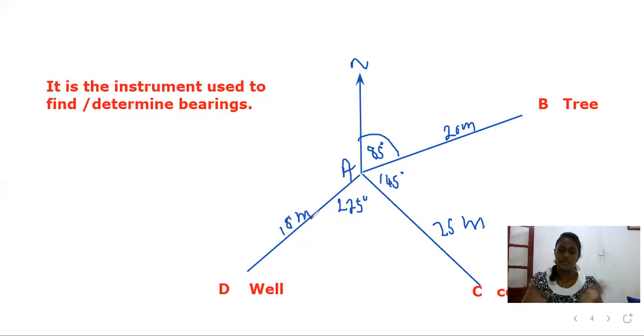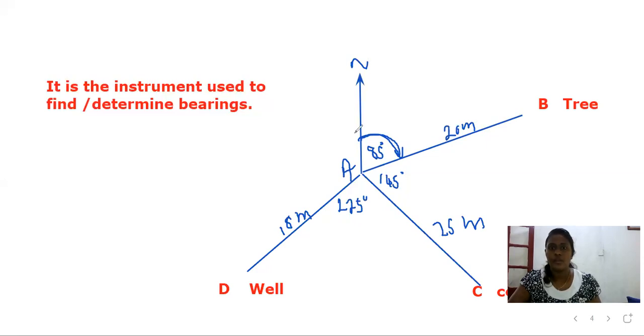You are given a figure with bearings of B, C, D with respect to A. All these bearings are with respect to A. Now see the table: object which was observed, bearing and the distance. This is how we tell it. The bearing of the jack tree from A is 85 degrees with the distance of 20 meters.